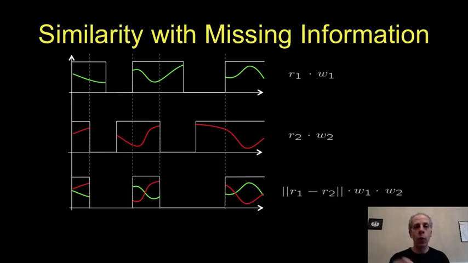And the only place where we can compare them is when we have portions of both. So here we had information for the first one, but there is no information for the second one. Here we had it for the second one, not for the first one. So the only place where we can compare is when we have information for both of them.